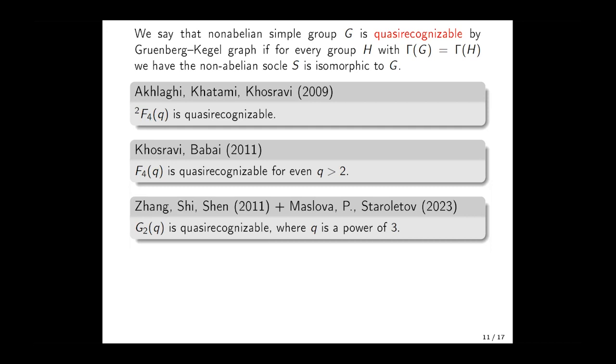First, a result by Akhlaghi, Khatami, and Khosravi, 2009: 2F4(q) is quasi-recognizable by the prime graph. Result by Khosravi and Babai, 2011: F4(q) is quasi-recognizable for even q. And in fact, the graph for F4(q) has an interesting structure, it depends on whether the field order is even or odd.